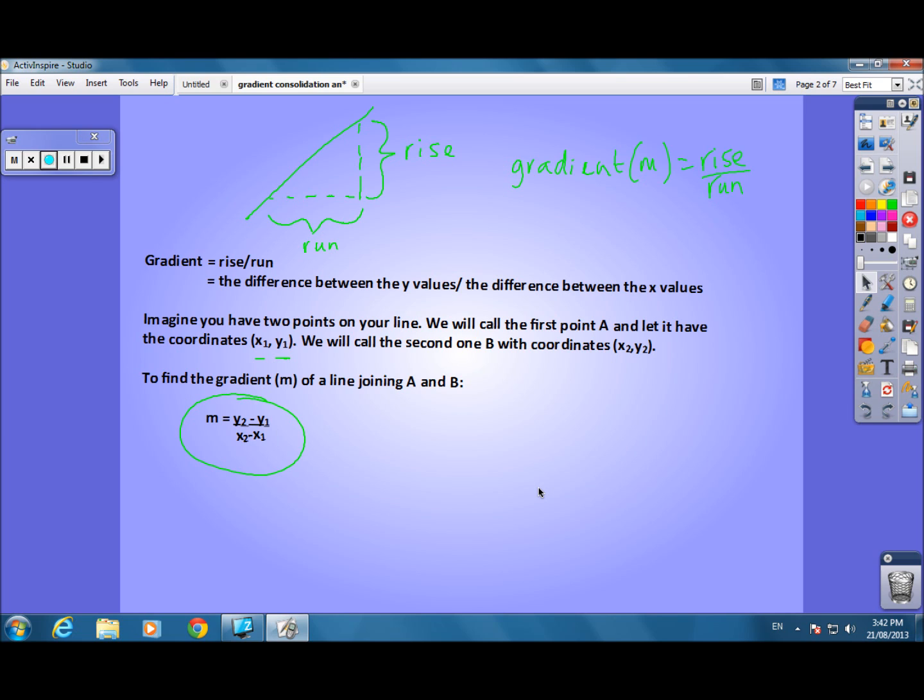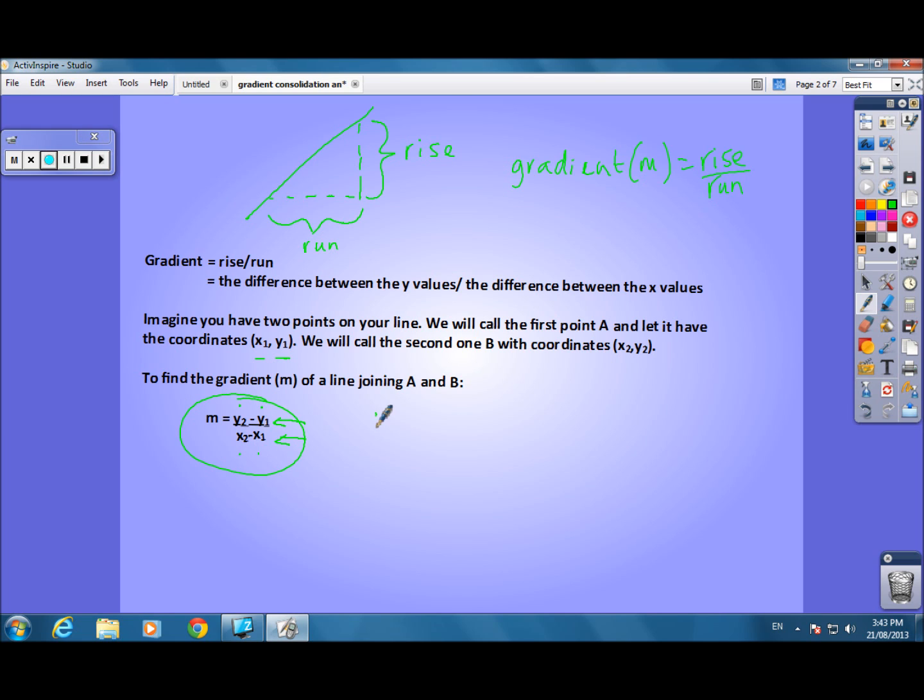So if I want to find the gradient of the line that joins A and B, all I have to do is subtract the y's, and then subtract the x's and then divide them. Or in other words, gradient equals y2 minus y1 divided by x2 minus x1.